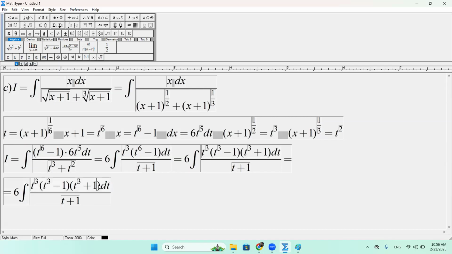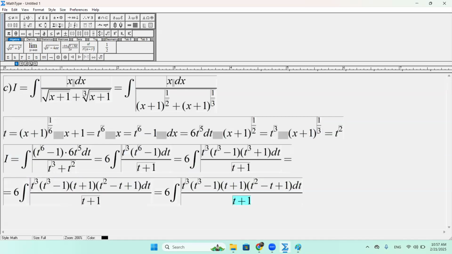So t cube plus 1 equals t plus 1 and t square minus t plus 1. So canceling the denominator and this multiplier, we have just a polynomial.